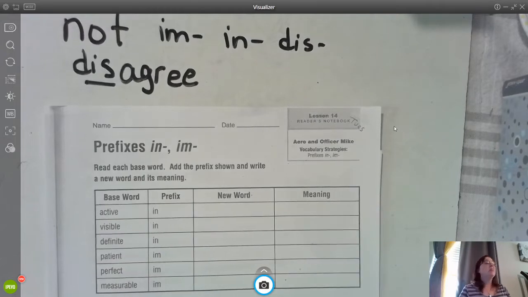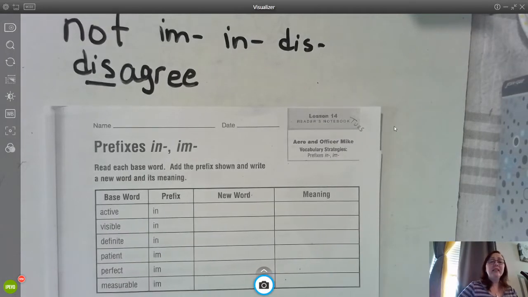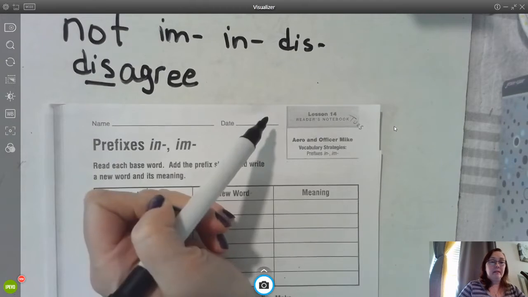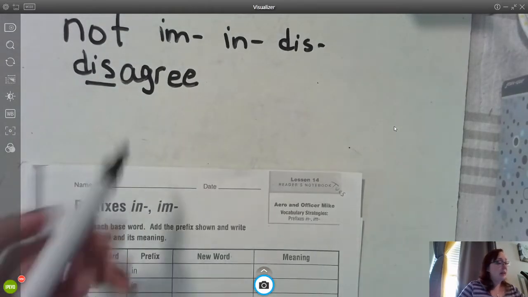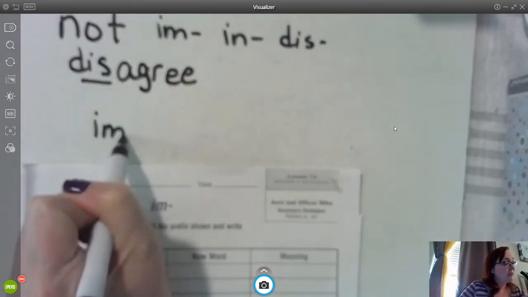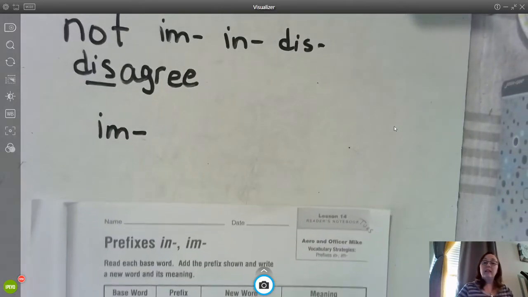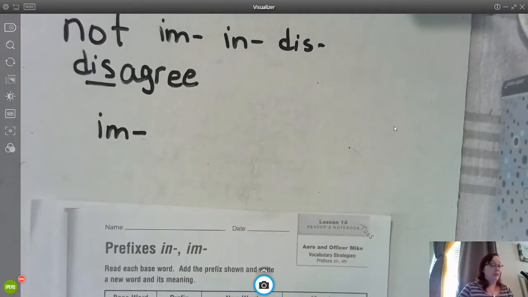Okay? So let's take a look. Today we're going to primarily just focus on im and in. Now I have a little clue to help you out. If they all mean the same thing, how do I know which one to use when? Well, we are going to use IM in front of words that start with these letters.